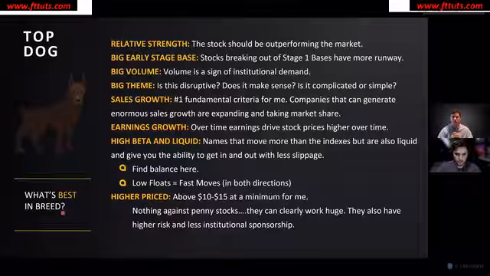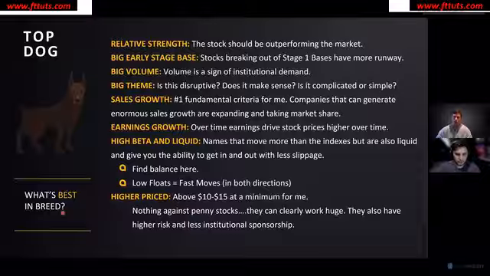If you say, I don't buy anything after a stage 3 base, okay, well, Shopify's had like 9 bases. You would have missed the last 1,000% or whatever. However, once a stock has had a stage 3 or stage 4 base without really having that 20 to 30% market correction that truly resets everything, I am a little more careful in how I'm analyzing that stock.